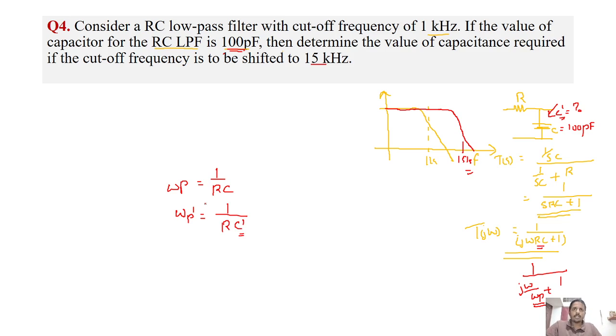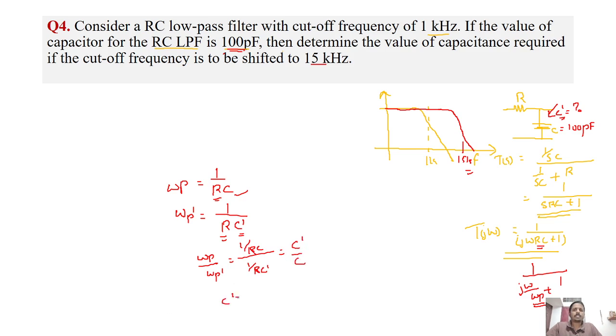They have not given the value of R, we know only the value of C. So we'll just divide these two relations. So omega p by omega p dash will be equal to 1 by RC by 1 by RC dash. Okay, R cancels, so it is equal to C dash by C.